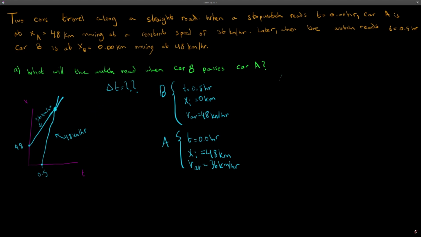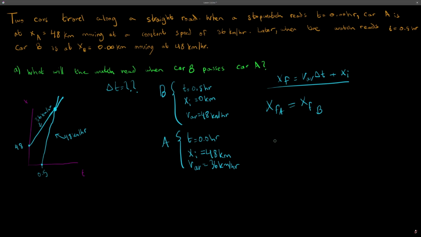If we just write it out, x final is equal to v average times delta t plus x initial. This is the formula, and we can say that they're equal to each other.